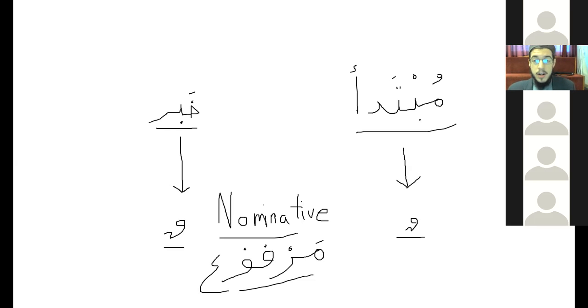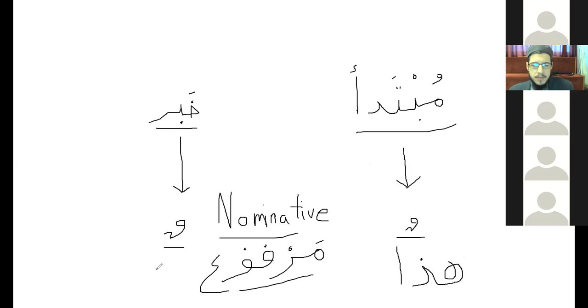Okay. Our next question is, and I alluded to this before, what do we make of the fact that the words we've been using don't have a dhamma at the end of them in the beginning? You say, Tom, wait a second. You said that the mubtada has to be in the case of marfu', and that we know it's marfu' because it has a dhamma at the end.